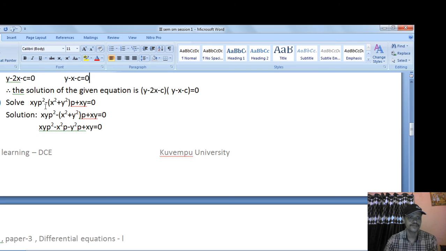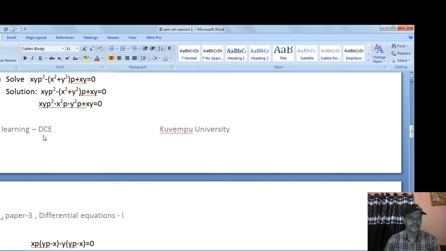Solve this. This is the given equation: xyp square minus x square p minus y square p plus xy is equal to 0. Take xp common from the first two terms.